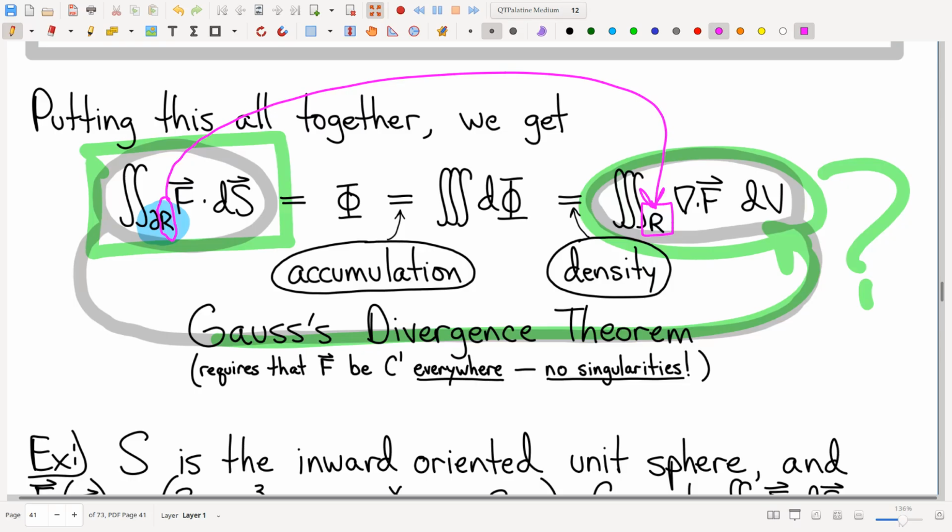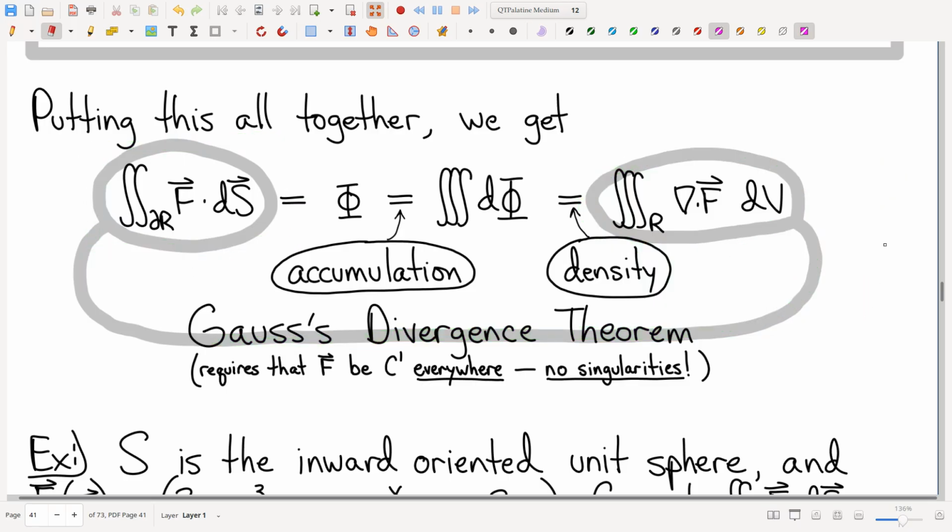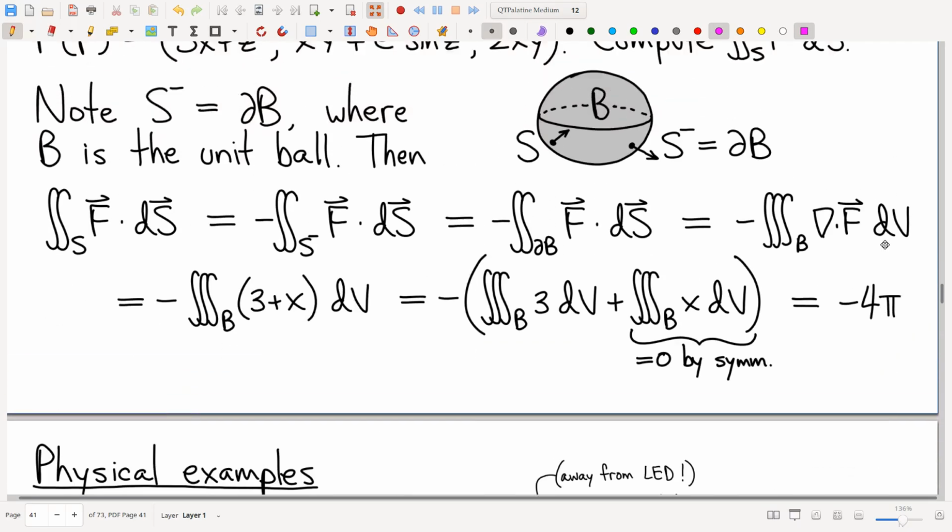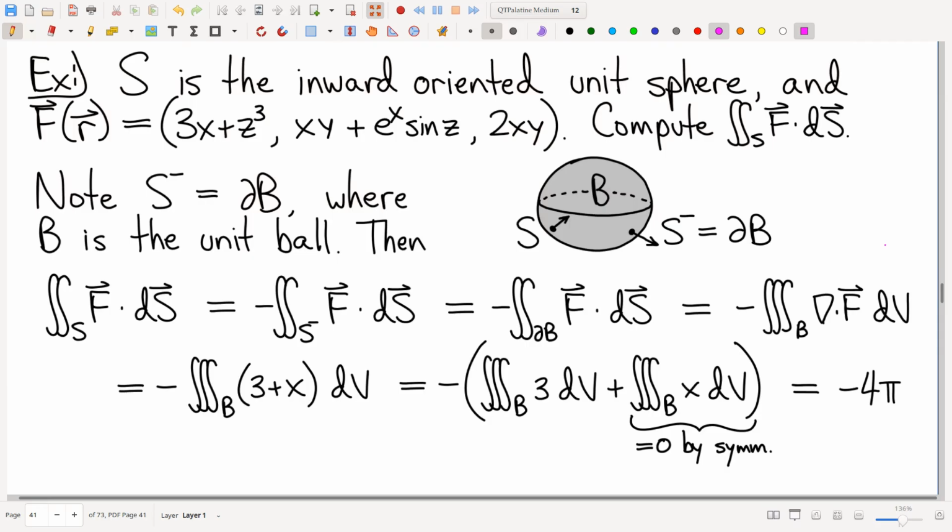Please, oh my gosh, please be careful about this. Don't make the mistake of just taking some arbitrary flux that's not through a boundary and then start talking triple integrals. It makes no sense at all. Okay. All right. So we've got to look back at our example here and ask, is our surface a boundary?